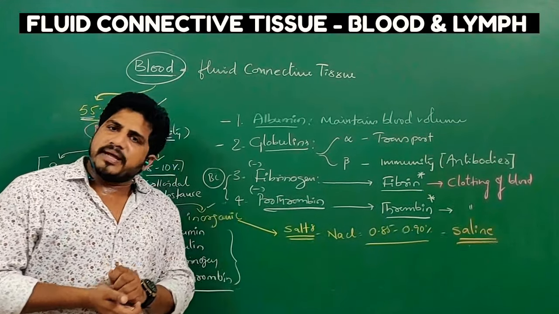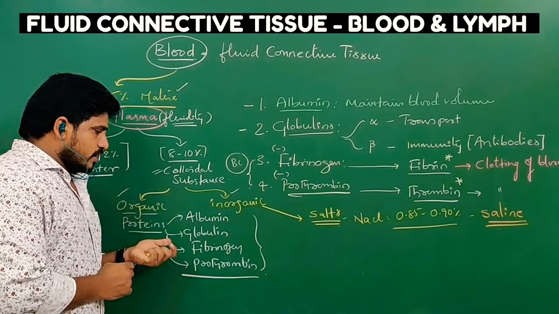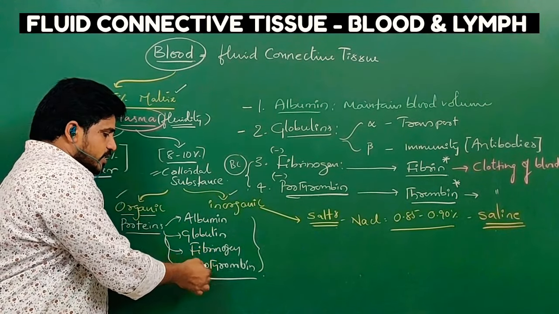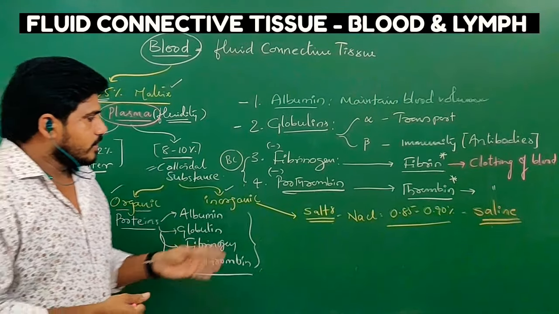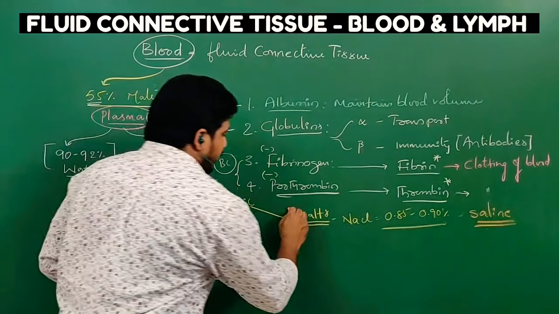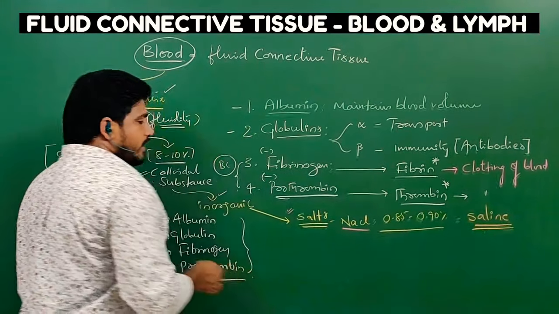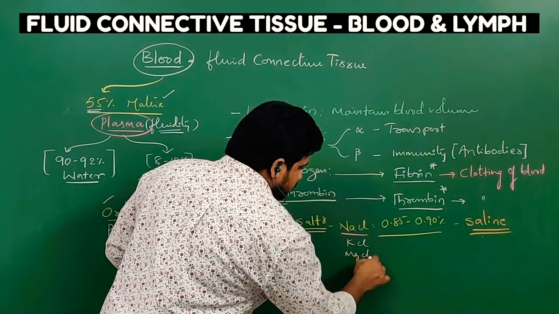The organic part is proteins, the majority of the portion occupied by plasma proteins. Such plasma proteins are albumins, globulins, fibrinogen and prothrombin. Their roles are also represented here. The inorganic content of the colloidal substances in the plasma is maximally occupied by salts. The major salt is NaCl, but also KCl, MgCl2.